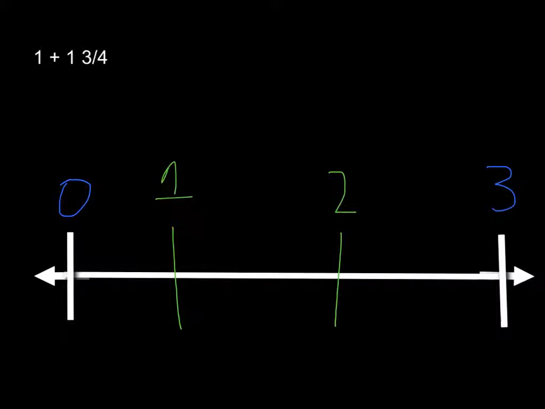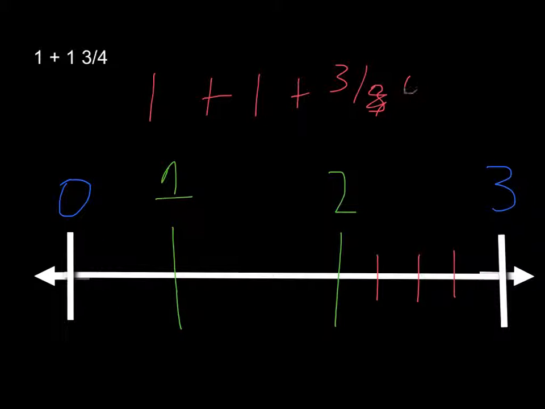And I'm going to write 1, 2. And I know I need to split this into fourths, but I'm not going to split every section into fourths because I don't need every section in fourths. I'm only going to do that in the last section. And the reason that I can do that is when I'm adding, I'm going to add the whole numbers first. So what this is going to look like is 1 plus 3/4.